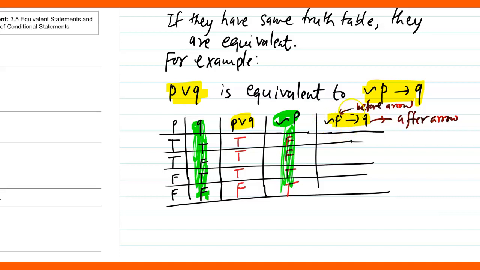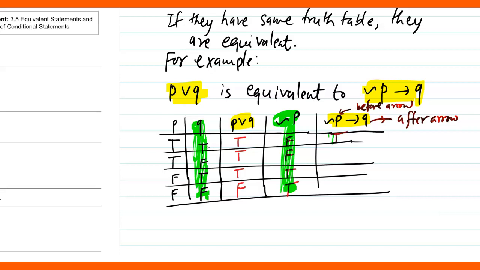Now I need to find not P right arrow Q. Notice that not P is before the arrow, Q is after the arrow. Therefore I'm looking at these two columns, which I already highlighted in green: the Q column and the not P column. I'm doing not P right arrow Q this way. False right arrow true is true.